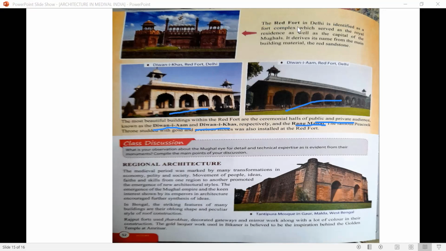The Rang Mahal, the famous peacock throne studded with gold and precious stones, was also installed at the Red Fort. So inside it, there was a peacock throne. We are talking about a throne, not a real peacock.